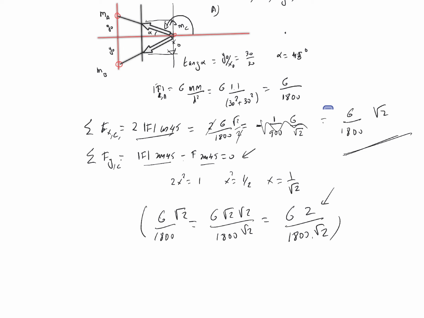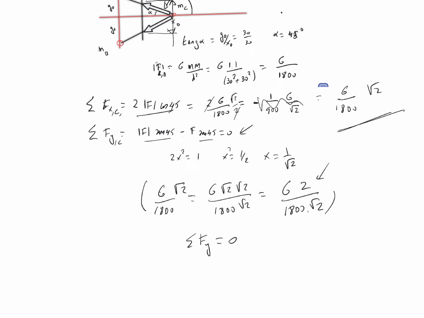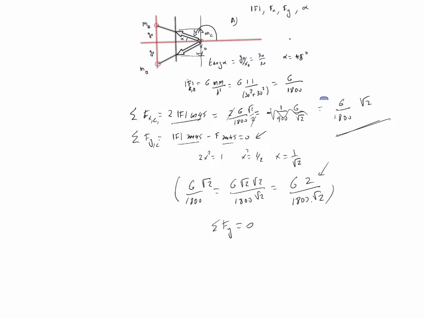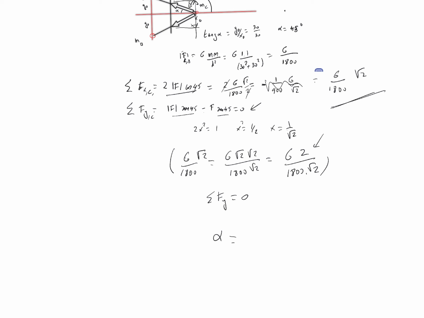So this is the force in the x direction. The sum of all the forces in the y direction is 0. What does it say more? And the angle alpha is 180 minus 45. The angle theta that the force makes with the x-axis is 180 minus 45, or 135.